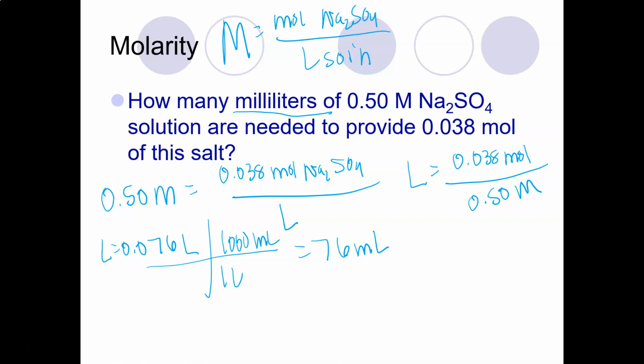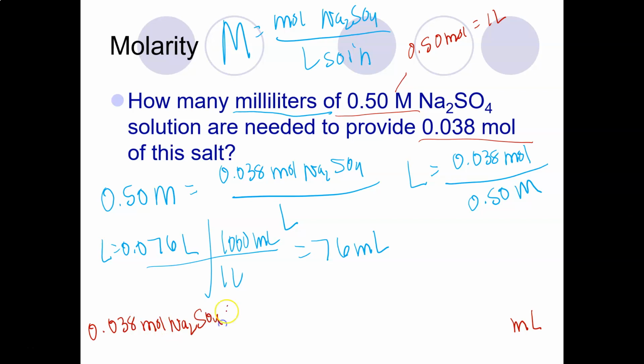So the question is asking us to solve for milliliters of the solution, and we were given a molarity and a moles. We have to choose one of those two to start with. Molarity is a unit factor. I can rewrite that, 0.50 moles equals 1 liter. So I'm not going to start with that number. I'm going to start with 0.038 moles of Na2SO4.